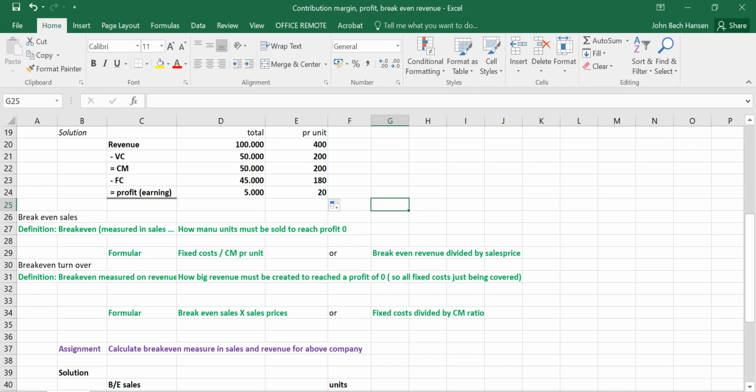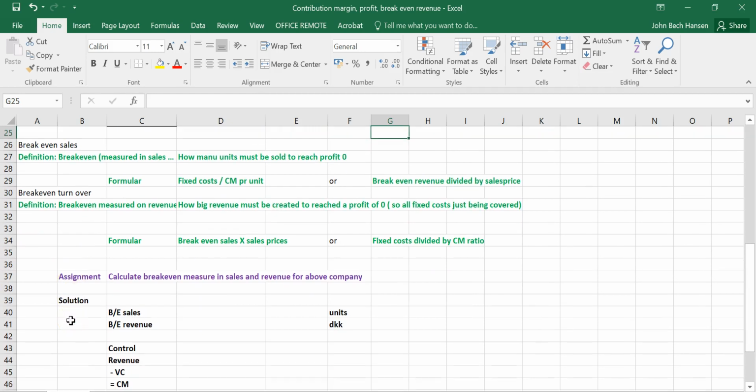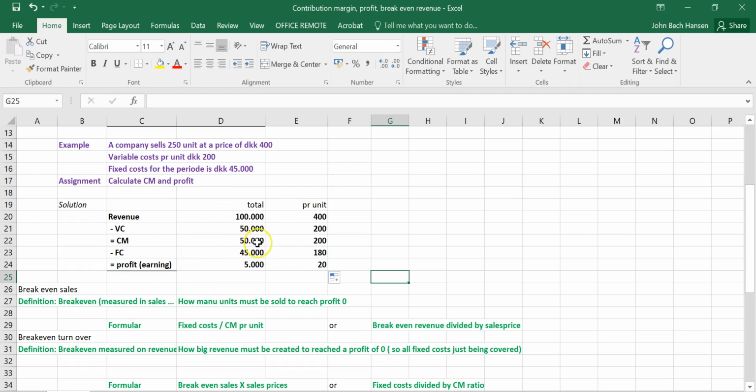But maybe it's better to show an example here, where we can calculate the break-even for this above company. How much do they have to sell in order to avoid a loss?